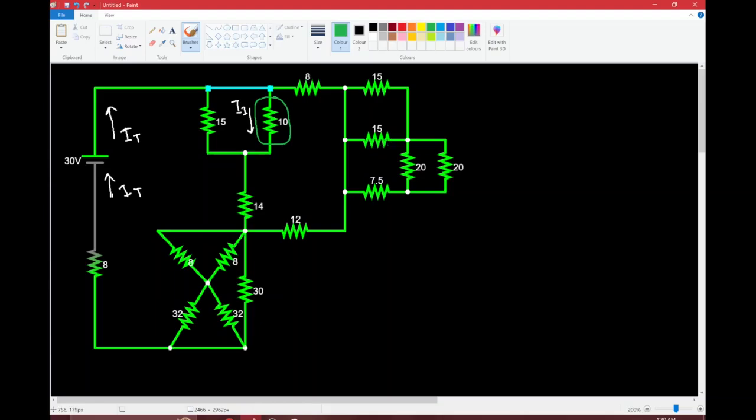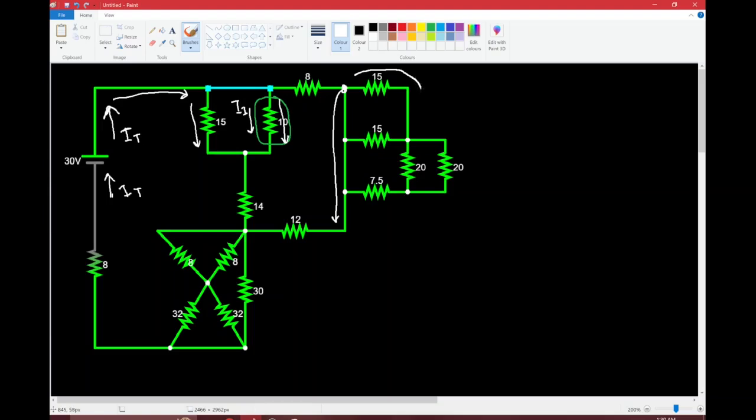Okay, so from our previous question, we know that the current IT is going to leave the battery. It's going to travel along this line. It's going to move down this resistor.